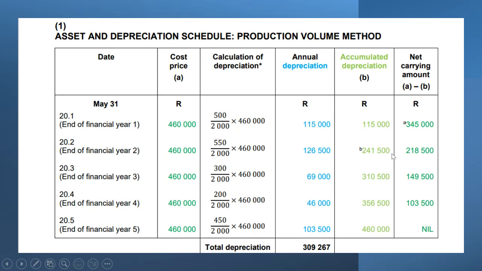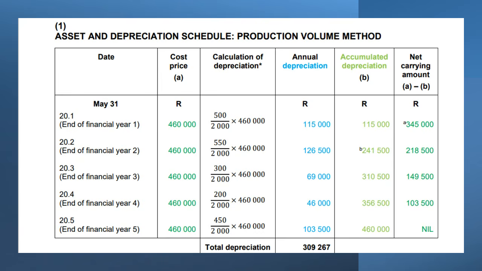Then your accumulated depreciation, you would say 115,000 plus 126,500, which gives you accumulated of 241,500. Then your net carrying amount will be how much? 218,500, because you're going to say the cost price less your accumulated depreciation. You will do the same until the end of year 5.